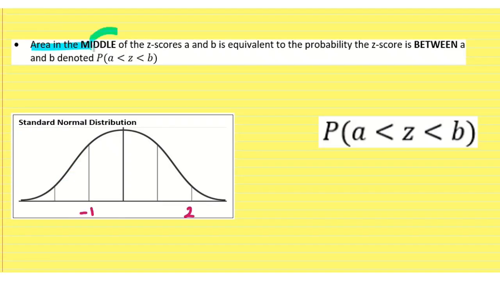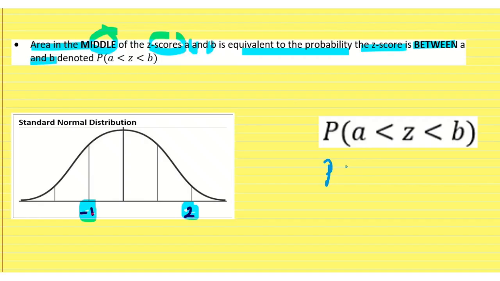The area in the middle of the z-scores A and B is equivalent to the probability the z-score is between A and B. So if we have two z-scores, A and B, let's call these -1 and 2, we can write this probability: the probability that -1 is less than z is less than 2.